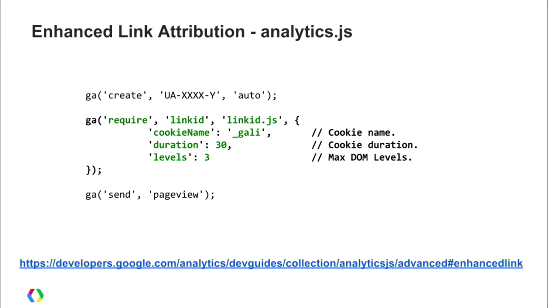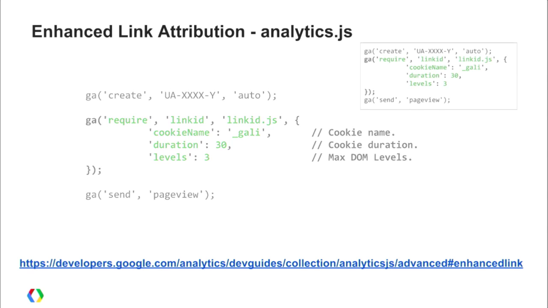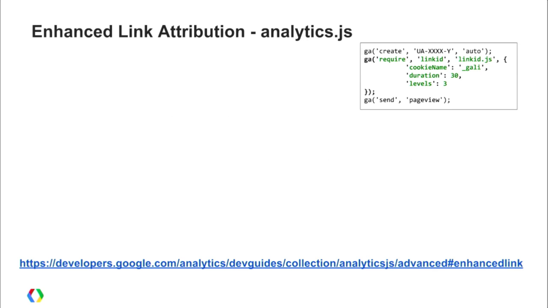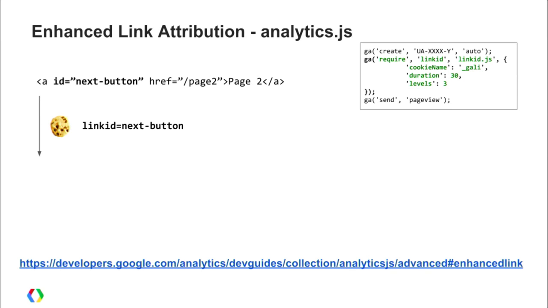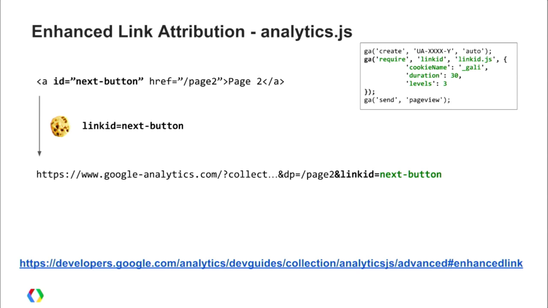So really quickly, the way this works: once you load the link ID plugin, which you'll see there, if you have a link on the page that's pointing to a URL, in this case page 2, when a user clicks on that link, we're going to write the link ID to a cookie. If that anchor element didn't have an ID, we would look up in the DOM to try to find a parent element that did have an ID, and we'd use the first one we could find.